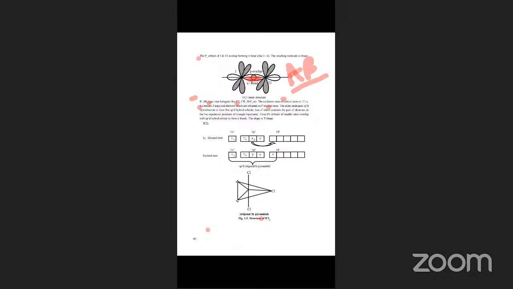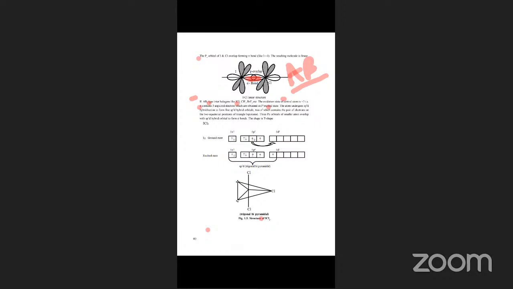The atom undergoes sp3d hybridization: 1 s orbital, 3 p orbitals, and 1 d orbital involved. With 0 lone pairs, sp3d gives a trigonal bipyramidal shape.